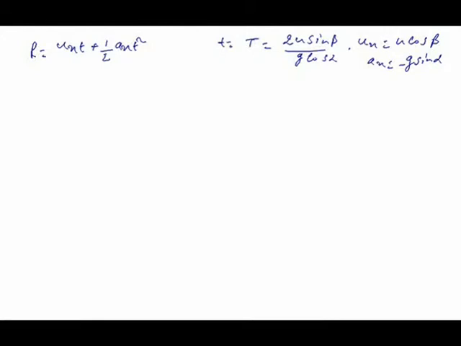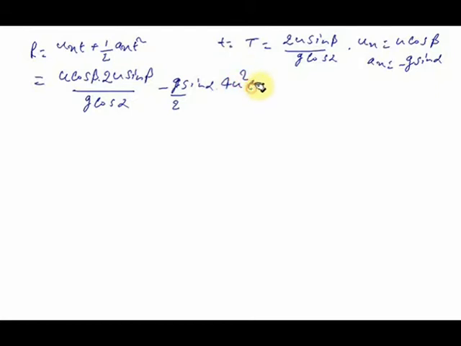So let's put these values in this equation. So r will be equal to u cos beta into 2u sin beta by g cos alpha minus half g sin alpha into t square, that is 4u square sin square beta by g square cos square alpha.